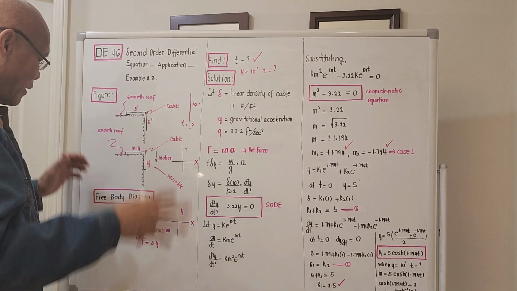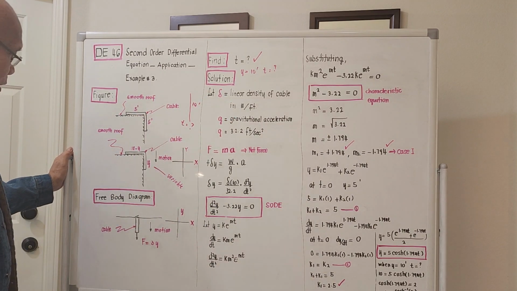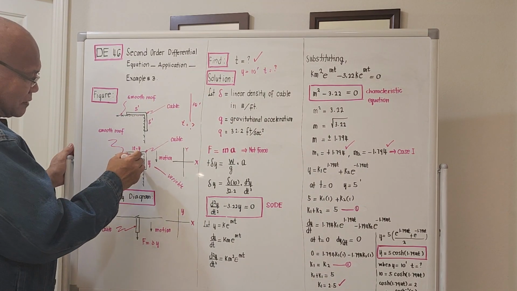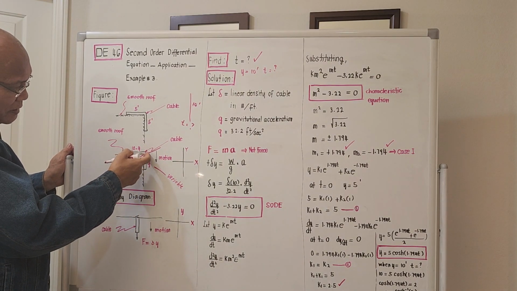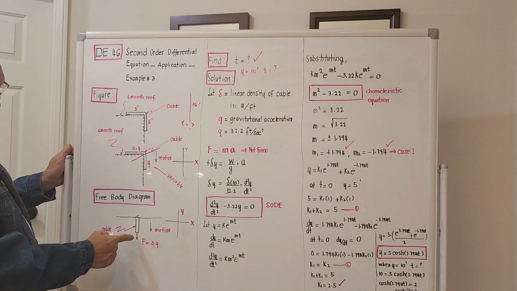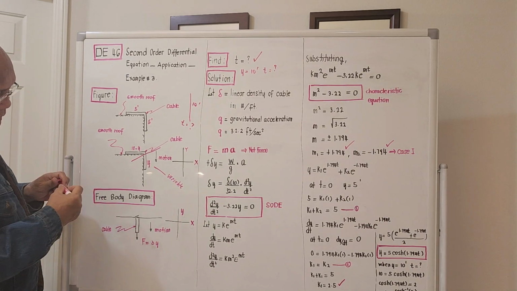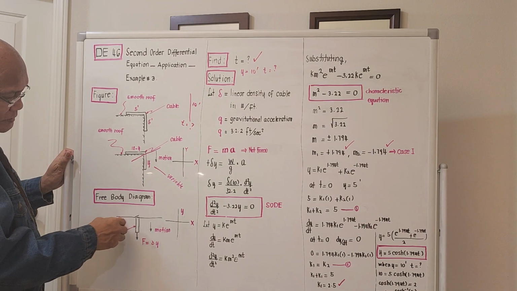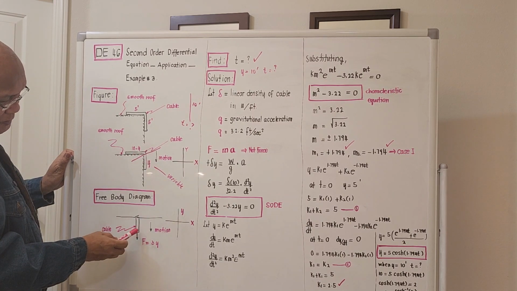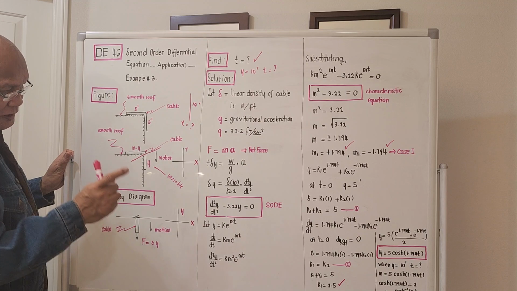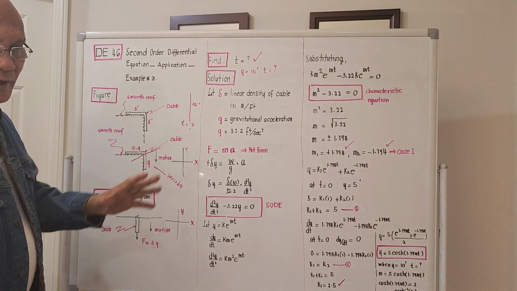Okay, let's try to bring out the free-body diagram. If we cut the cross section of the cable over here, we take the downward portion. It is something like this. This is a cutting plane. I cut the cable over here, so this should be the cable. Then I place the force acting on the cable.